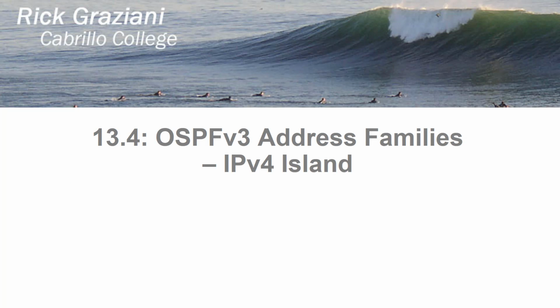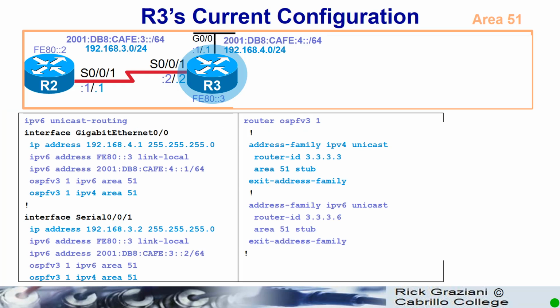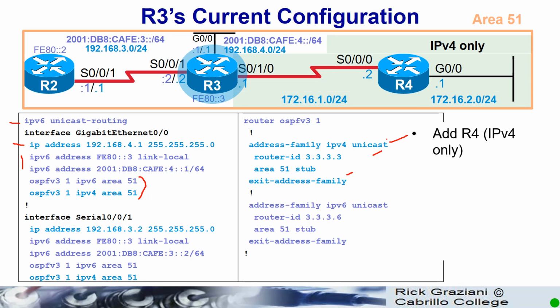So let's talk about address families and the IPv4 island. If we have just two routers, again, we can set up the appropriate unicast routing, the addressing, the OSPF instances, the address family, the router ID, the stub, and whatnot.